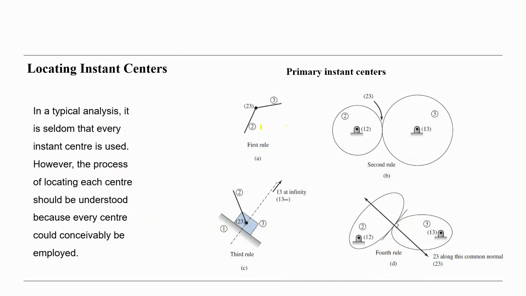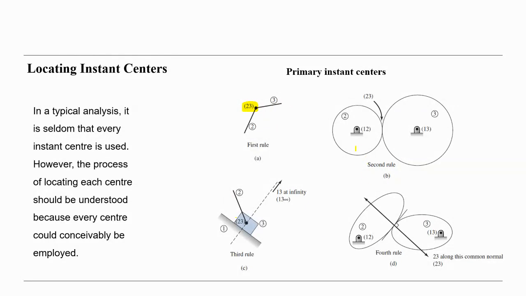For example, regarding links 2 and 3, the instant center is 2, 3, because 2 is rotating relative to 3 about this point, or vice versa.